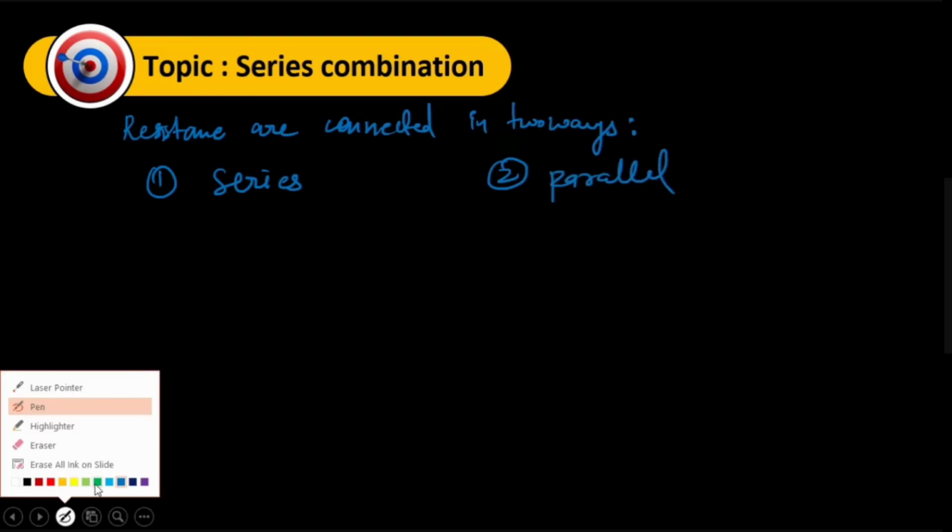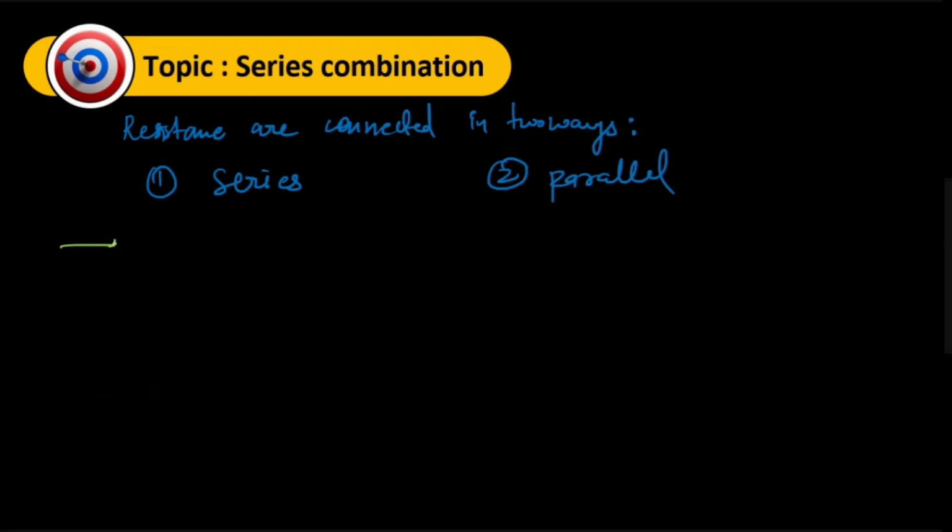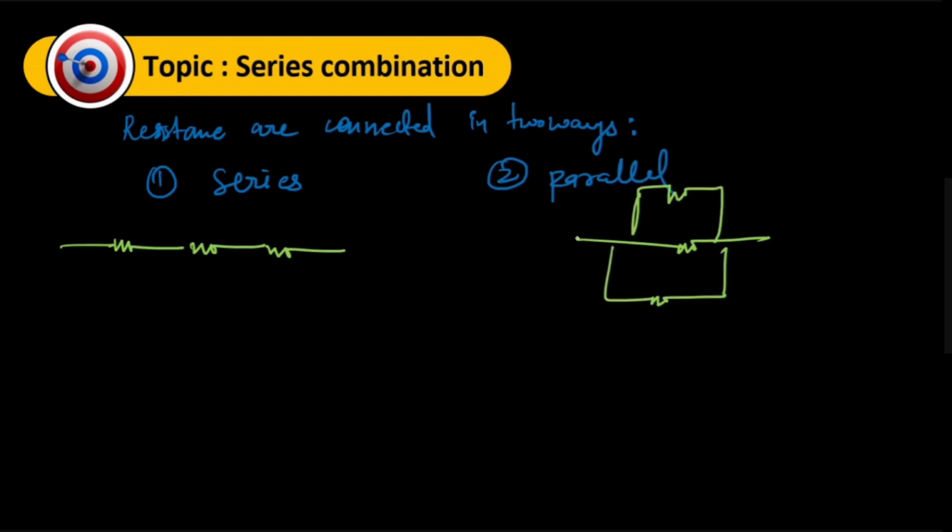Series combination is something where it looks like this, whereas in parallel combination they're connected this way, but here one after another.